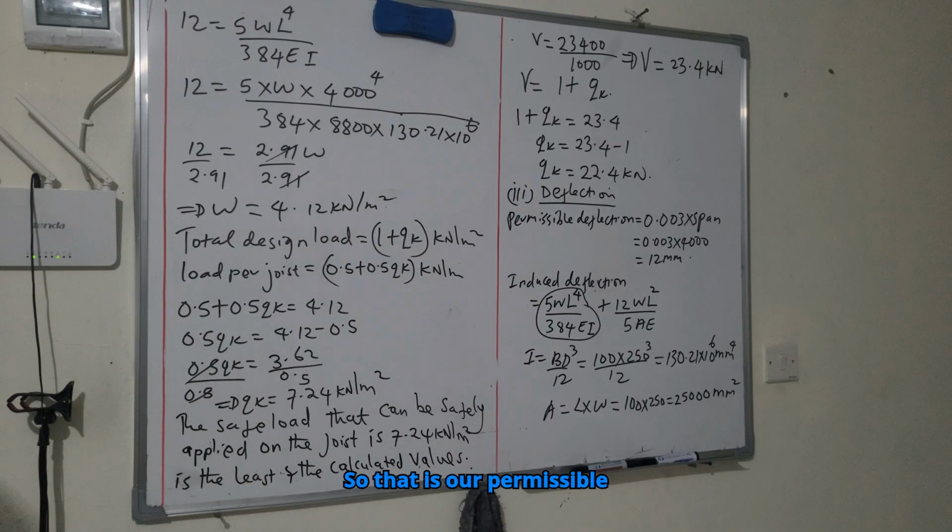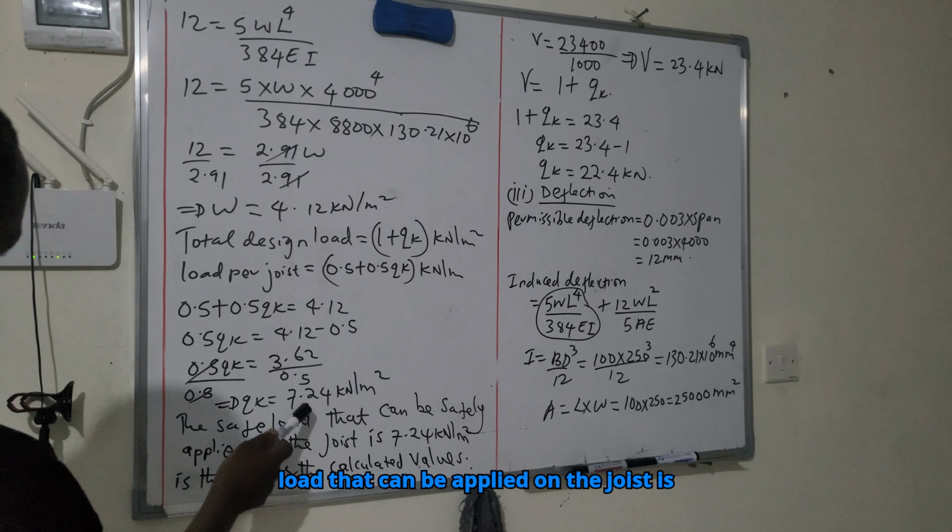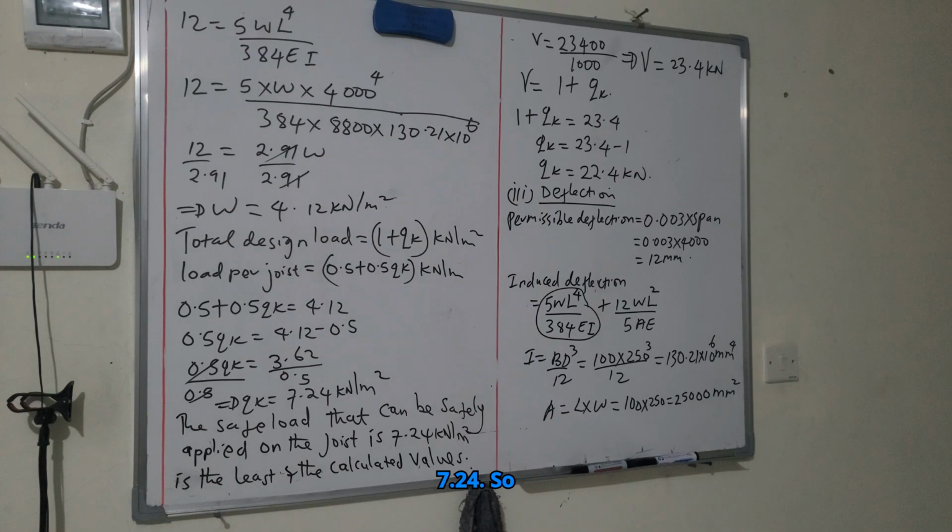So that is our permissible load that can be applied on the joist, 7.24. So that marks the end of that question.